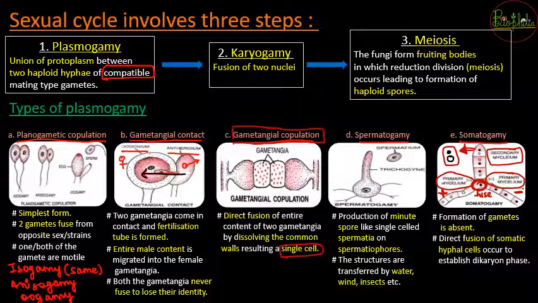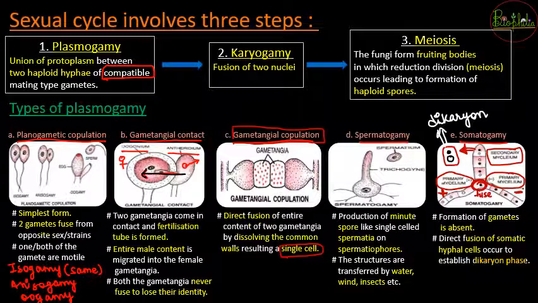So that condition is going to be called as dikaryon. What is this called? Dikaryon. जहाँ पे two nucleus do not get completely fused, they will remain as separate identities. So that would be called as dikaryon phase. So dikaryon phase का जो होता है structure, that is going to be seen by the somatogamy.